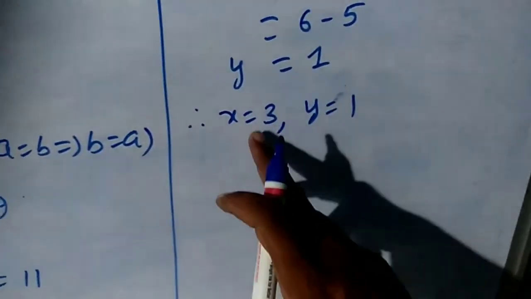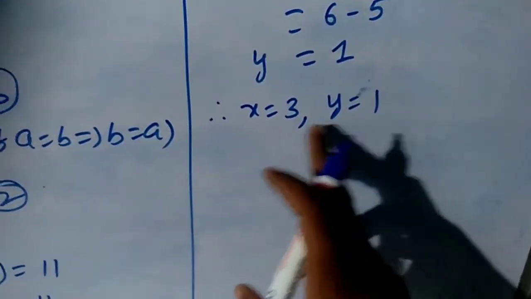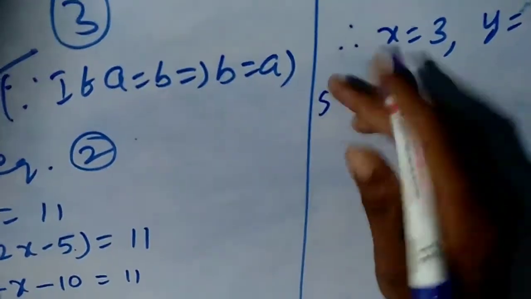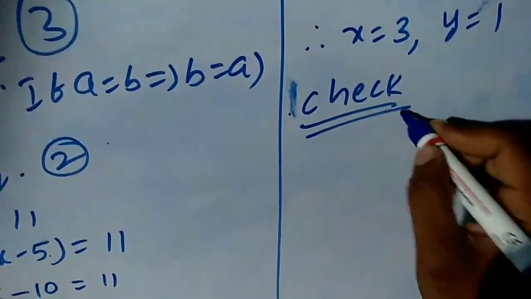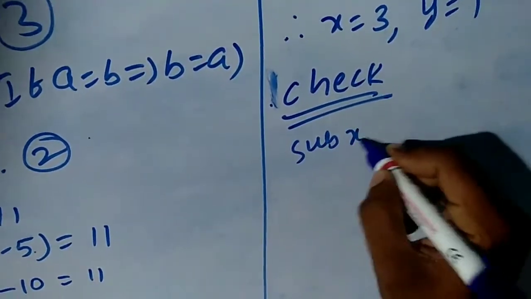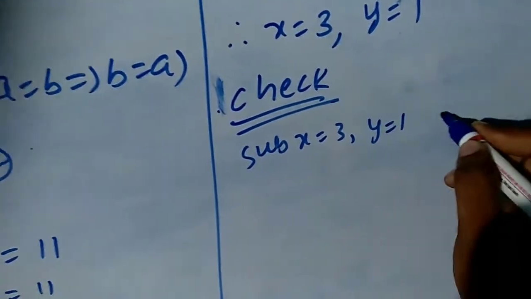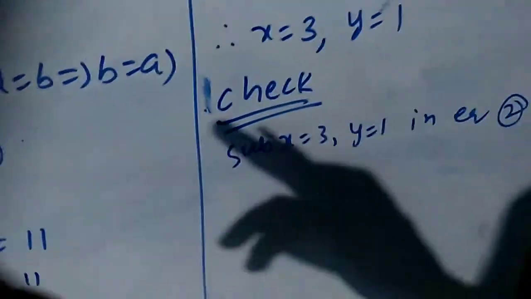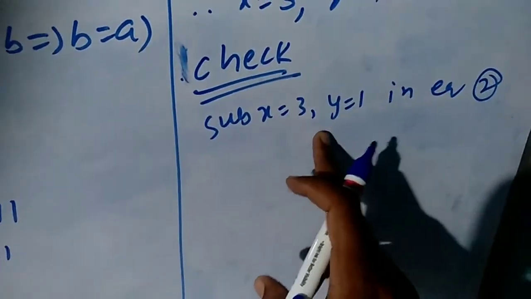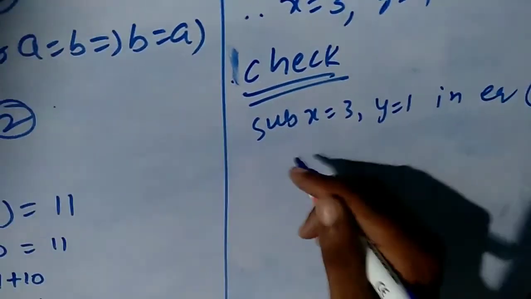Okay, so now substitute these values in equation number 2 to check. Substitute x is equal to 3, y is equal to 1 in equation number 2. We only have to substitute in the LHS.